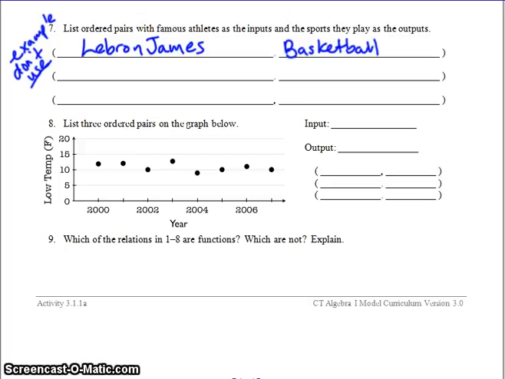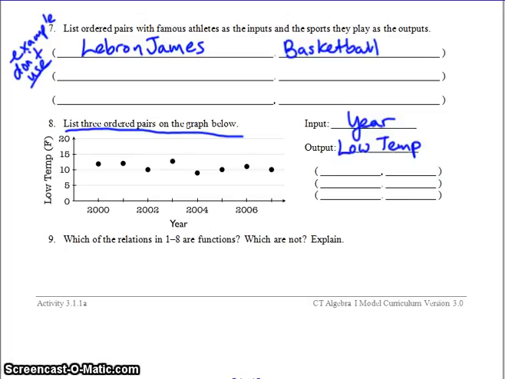Number 8, you're going to list 3 ordered pairs on the graph below. Ordered pairs, you relate the 2 numbers. So for the first one, the input represents the year, and the output represents the low temperature.